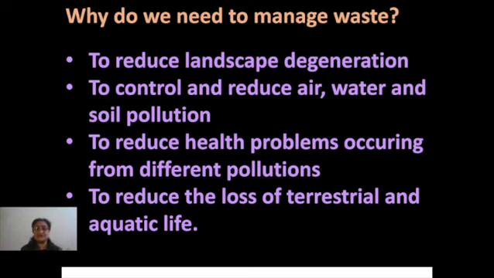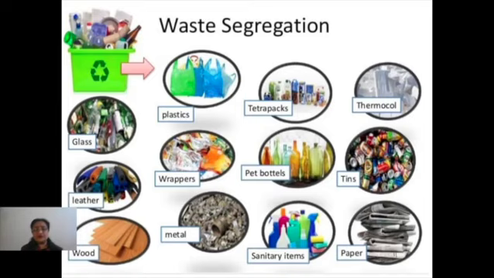For all the living beings, the harm is caused by the waste which is generated every day. So we need to manage the waste in a proper manner so that the living beings do not get harmed by that.